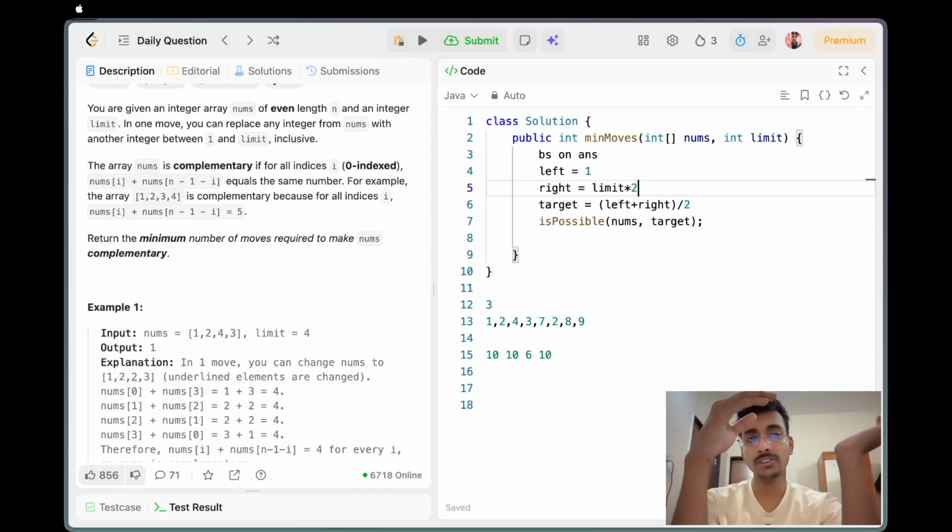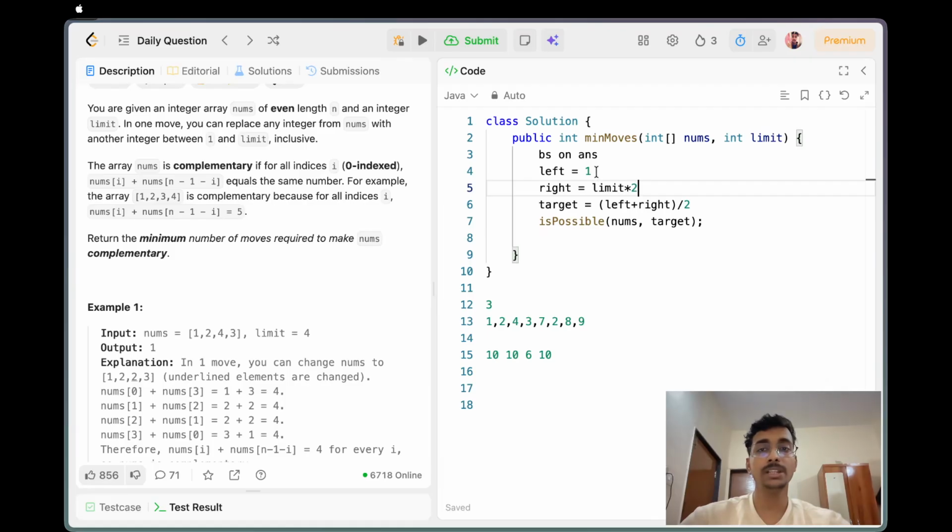The minimum value of limit is 1, so it will not be 1, it will be 2, because left is the minimum value of limit plus the minimum value of limit, and right is the maximum value of limit into 2. This is my range from 2 to 8, and again we are doing the summation of two numbers.